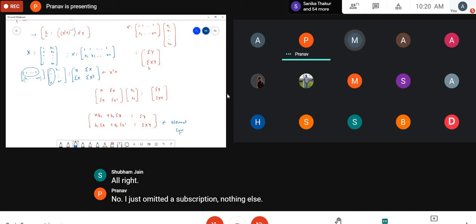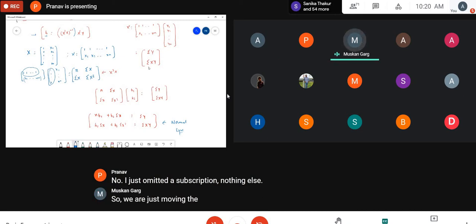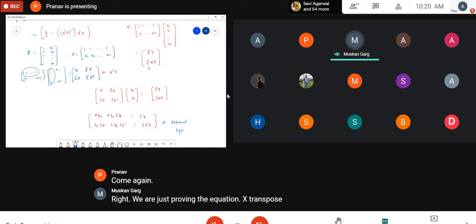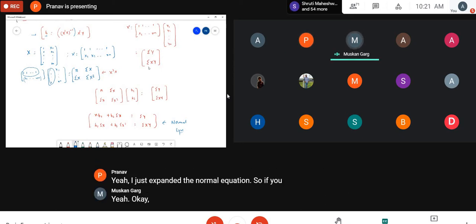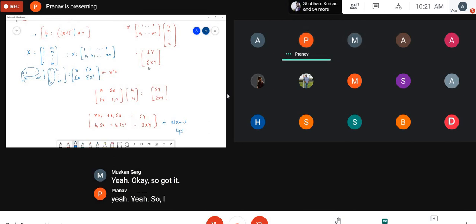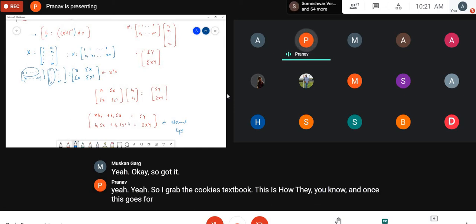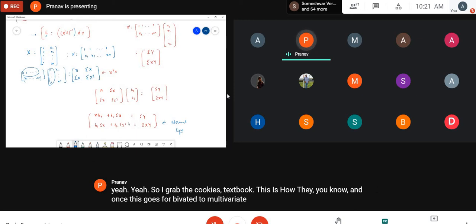No, we are just proving the normal equation, right? Right. We are just proving the equation X transpose X into b is equal to X transpose y. I just expanded the normal equation. If you look at a basic econometrics textbook, this is how they do it, and once this goes from bivariate to multivariate, it is extremely difficult to keep track of the normal equations.